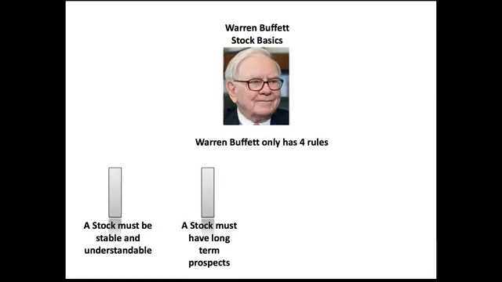So the second rule is that a stock must have a long-term prospect. What I mean by that is he's not investing in a company that sells TV antennas. He's the type of person that looks at a company and says, is this company going to be around 30 to 40 years from now, and is their product still going to be something that the world still needs in that duration of time?